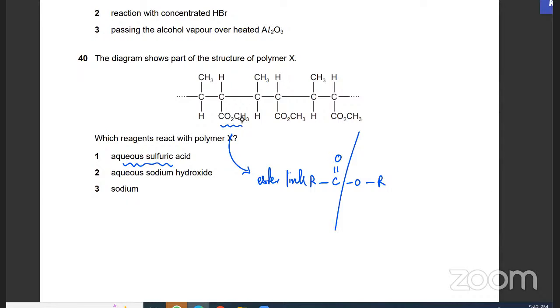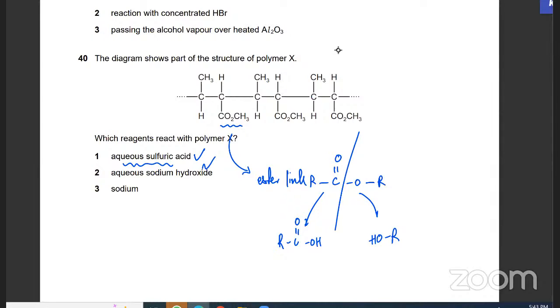One is dilute acid, and the other one is alkaline. In both cases, the ester will break down into carboxylic acid, and this side will turn into an alcohol. So you've got two types of hydrolysis. One is with an acid, the other one is with an alkali. Is that clear? That's an ester. Esters did break down. So which is why 1 and 2 will be correct.